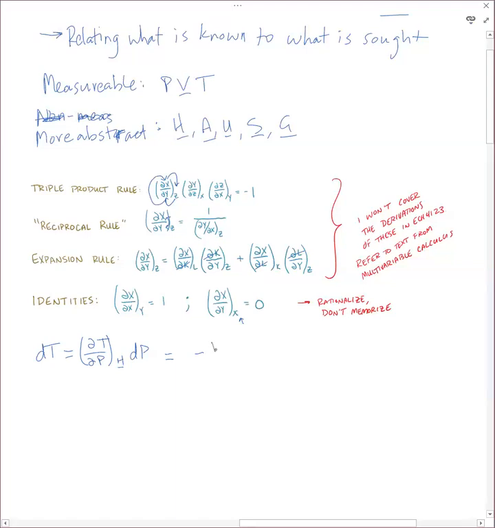So we want to relate it in terms of something that we know. So you can relate it to the specific volume, the temperature, the partial of specific volume with respect to temperature at constant P, all over Cp, the heat capacity, and dP. And if we wanted to actually calculate the change in temperature, we could simply integrate both sides.